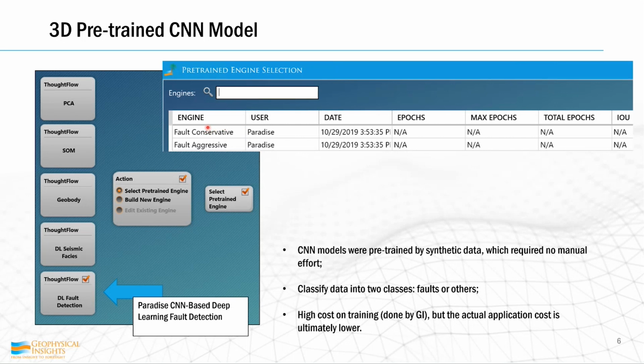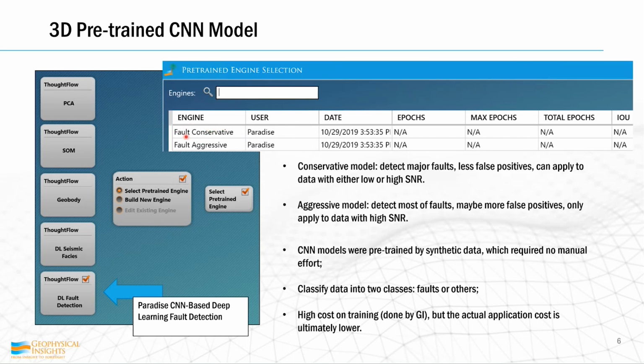One is a fault conservative model, one is a fault aggressive model. The fault conservative model is used to detect the major faults and generates fewer false positives. In fault detection, false positives are incoherent noise or other stratigraphic edges such as channel edges, salt edges, or cluster collapse feature edges.